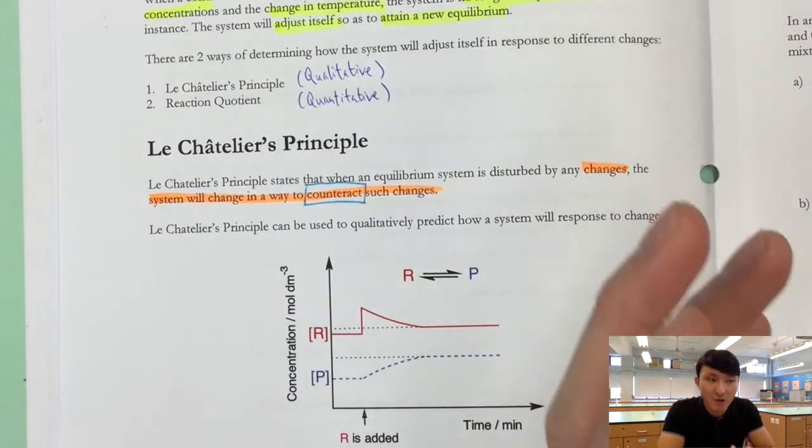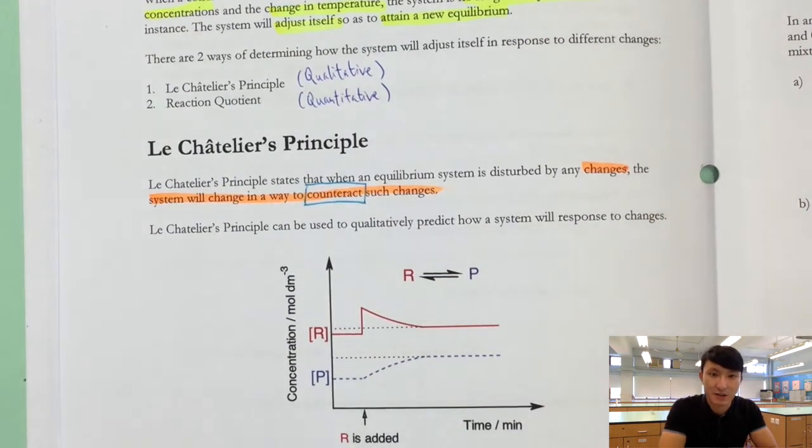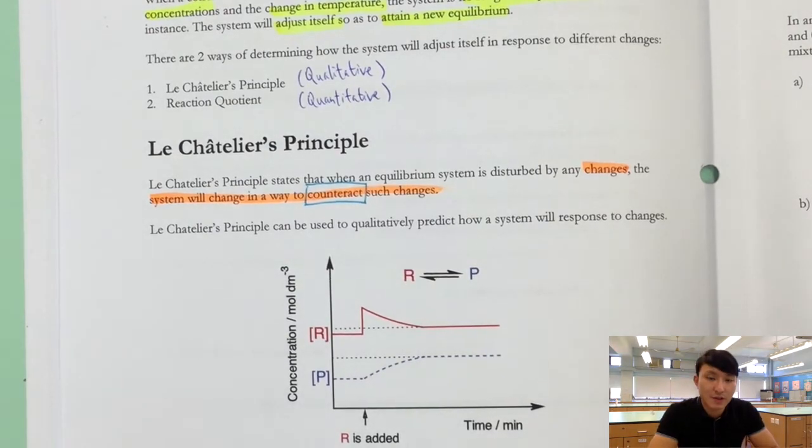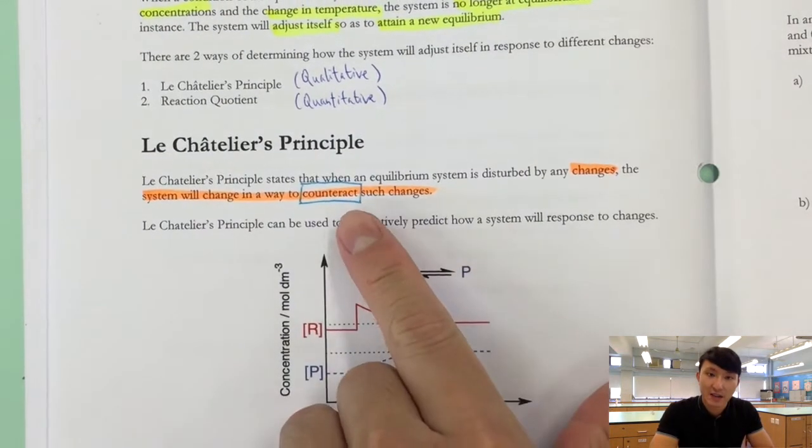That means it will counteract the increase in reactant concentration, so basically it will decrease the reactant concentration. To counteract an increase is to decrease it. For another example, if we increase the temperature of the system, then the system will counteract by decreasing the temperature. So now you understand what we mean by counteract.